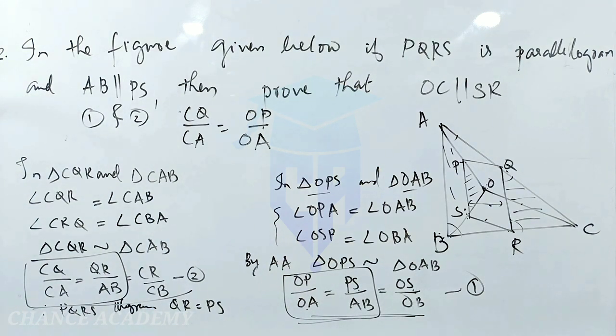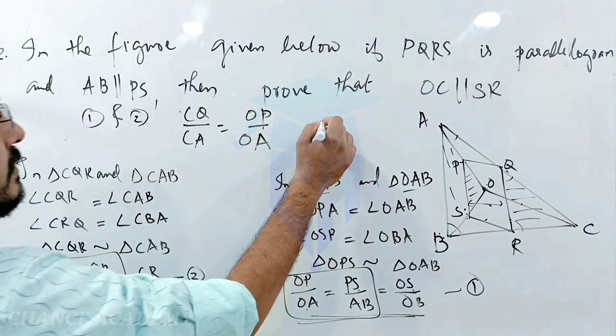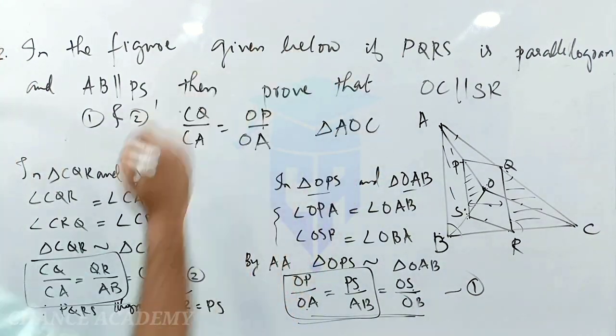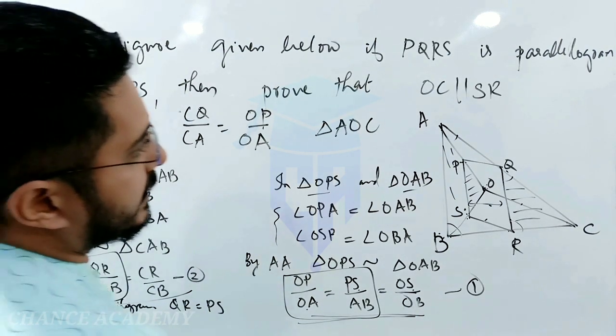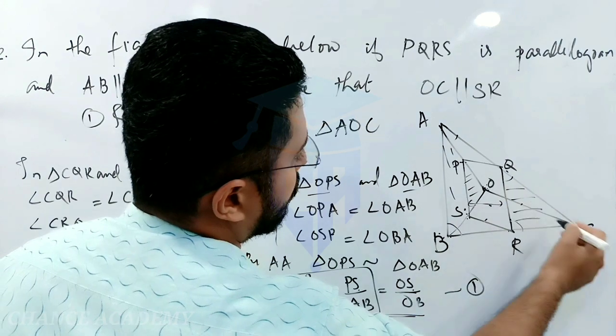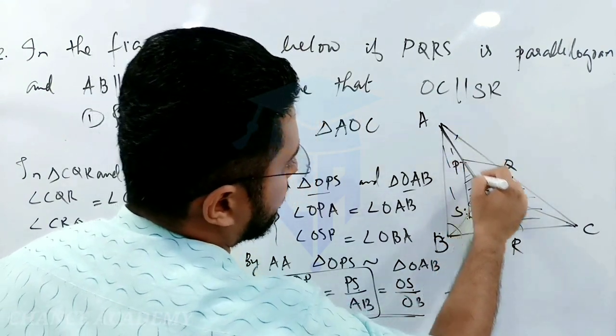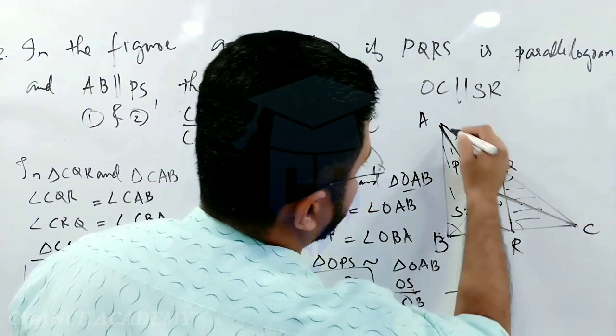Now we can consider the converse of the basic proportionality theorem in the case of triangle AOC. Now I am considering the triangle AOC.